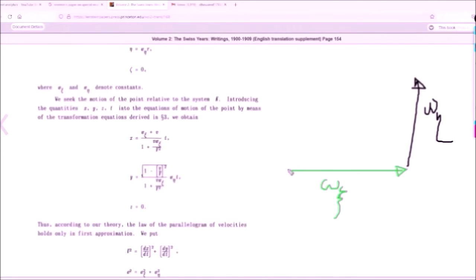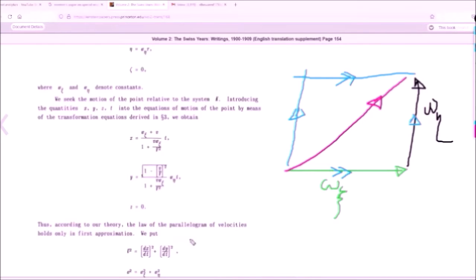So the parallelogram means you draw a parallel from here, and you draw a parallel from here. This is parallel to this, and this is parallel to this, and then you draw this, your resultant. This is the law of velocities.